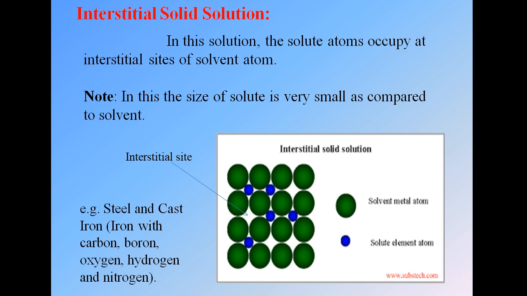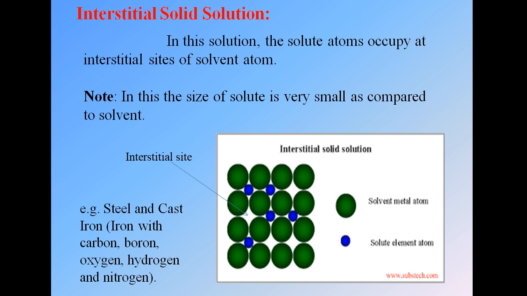So this is called interstitial solid solution because we are placing solute element atoms at interstitial sites of the solvent atoms. You can see in the figure also, the size of the solute is very small compared to the solvent. In the first two cases we have the same size of solute and solvent. In this case the solute atom is very small compared to the solvent atom, so that we can place the solute in an interstitial site.